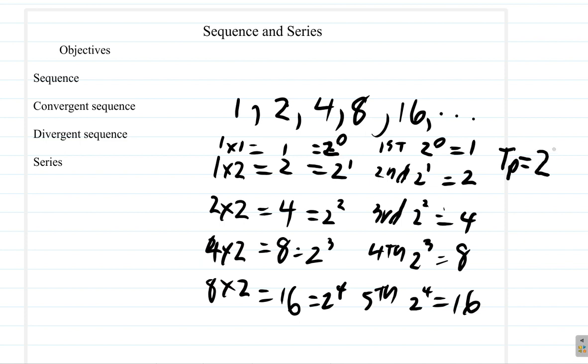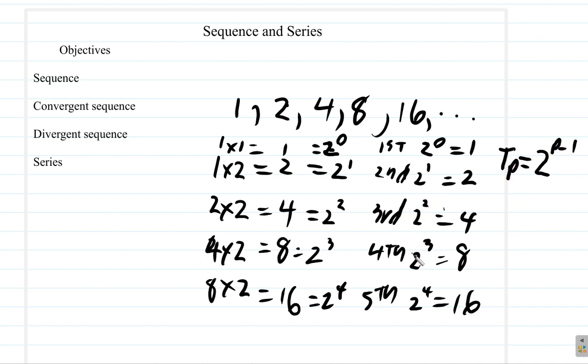It is 2 raised to the power of P minus 1. You can see that. Term number 1 is 2 to the power of 1 minus 1, which is 2 to the 0. Term number 2 is 2 to the 2 minus 1, which is 2 to the 1. Term number 3 is 2 to the 3 minus 1, 3 minus 1 is 2, so 2 to the 2.